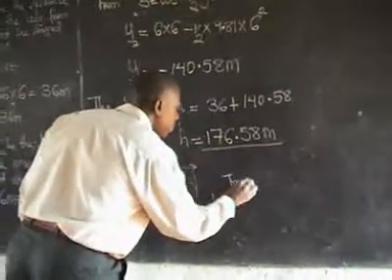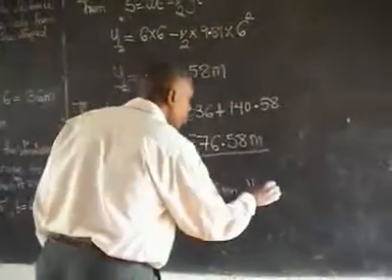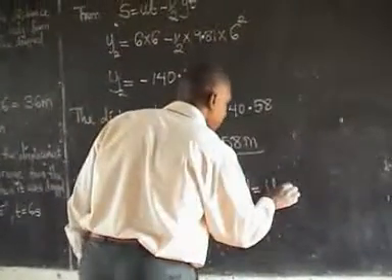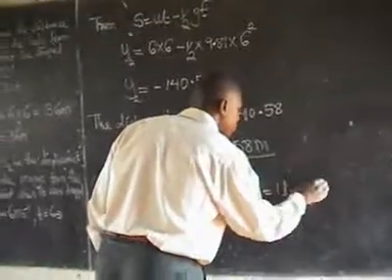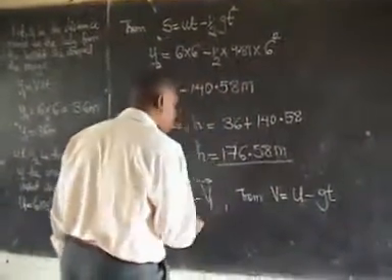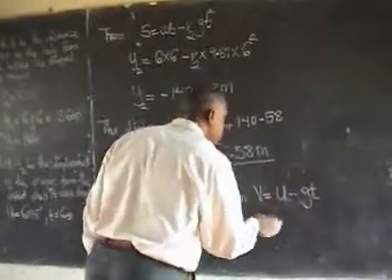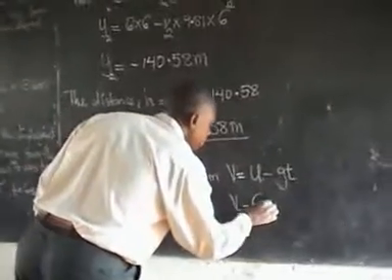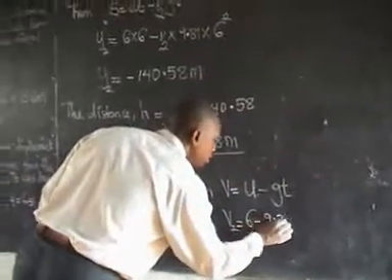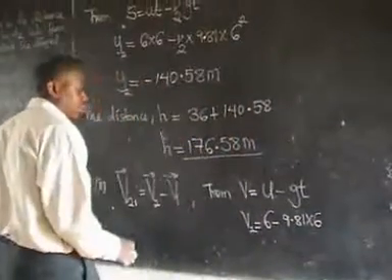So let's find v2. From v is equal to u minus gt, we shall have our v2 is equal to u, which is 60, minus 9.81 times the t, which is 60.